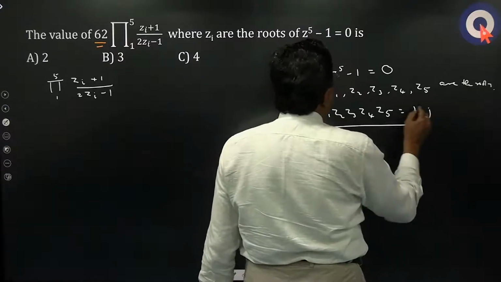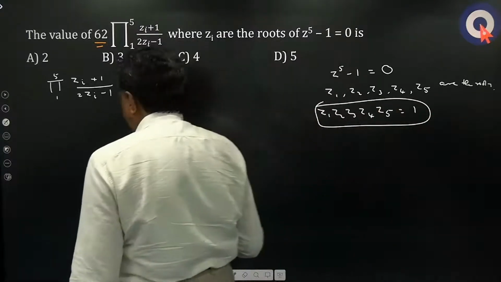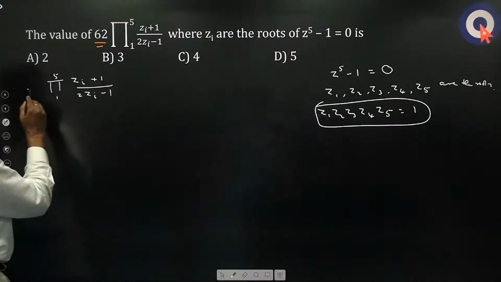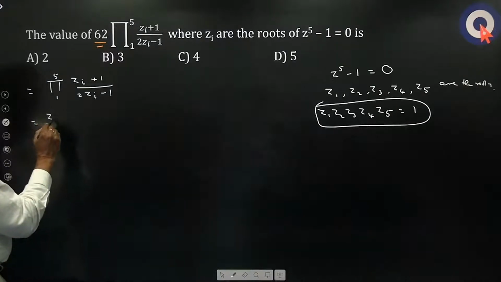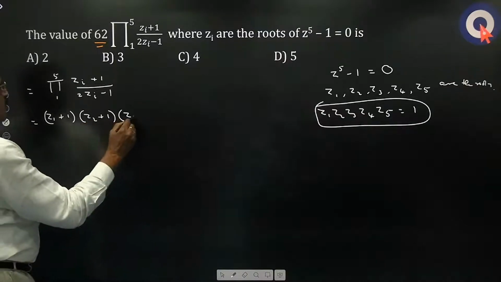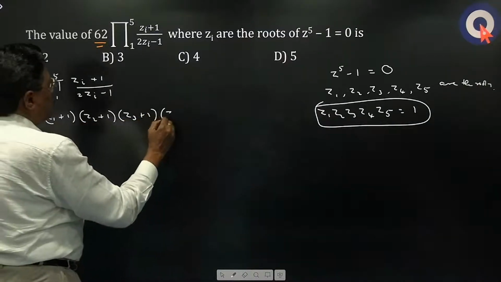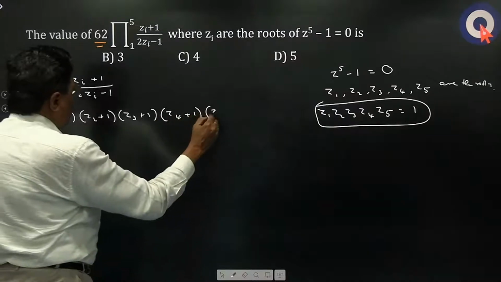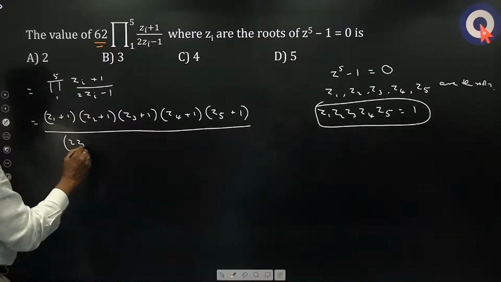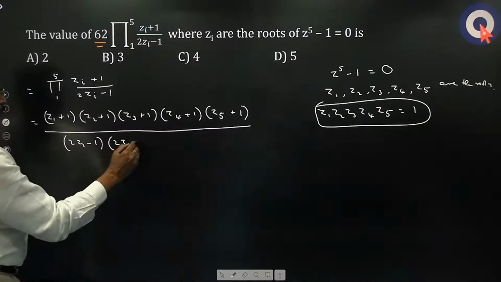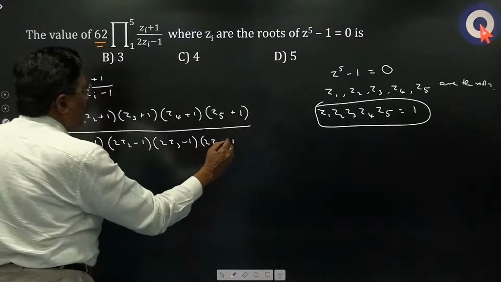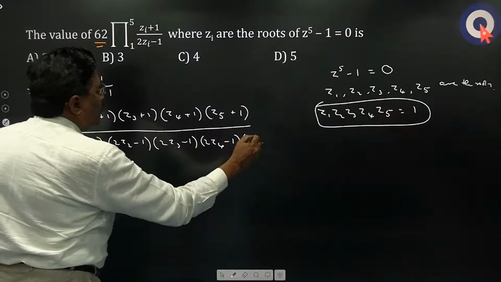So this is the value that we have, and apart from that, any product of the roots in whatever combination is actually 0. So this is (z1 plus 1) into (z2 plus 1) into (z3 plus 1) into (z4 plus 1) into (z5 plus 1) by (2z1 minus 1) into (2z2 minus 1) into (2z3 minus 1) into (2z4 minus 1) into (2z5 minus 1).